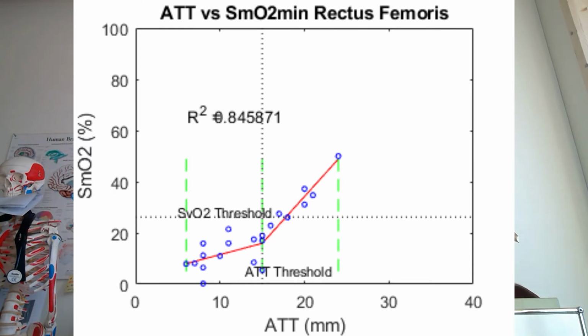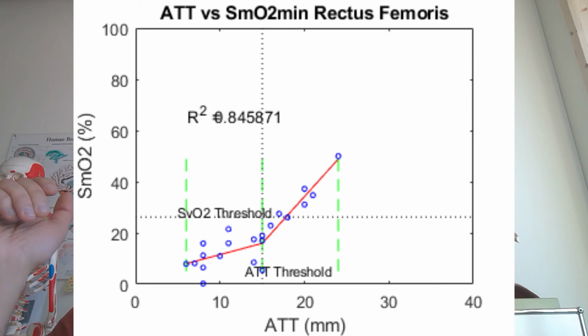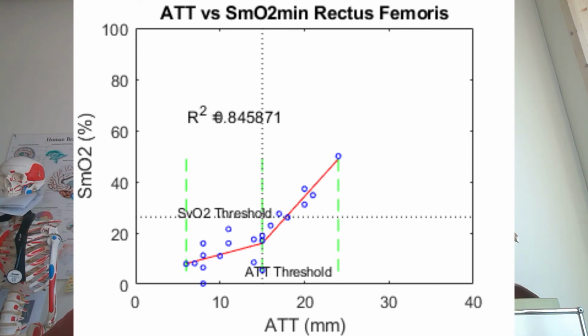This is from a study where after occlusions, they took blood draws and looked at the mixed venous blood saturation, and it was around plus or minus 26%. So after 5-6 minutes of occlusion, you had an average mixed venous blood of 26%. Mixed venous blood is a mixture of your fat layer, your skin layers, and your muscle layers that all come together, and your muscle is the metabolically most active part of that summation.